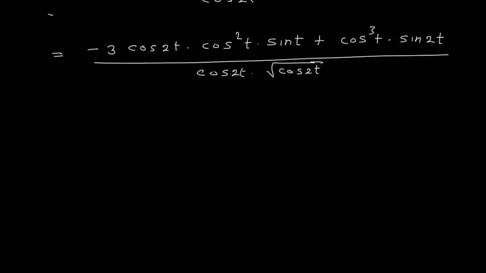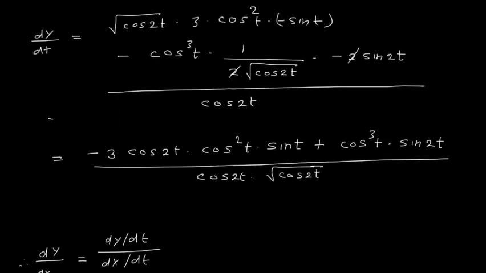So therefore, finally, dy upon dx is equal to dy upon dt whole divided by dx upon dt.